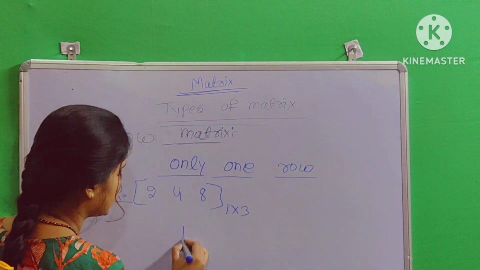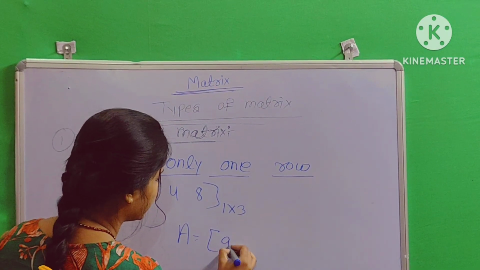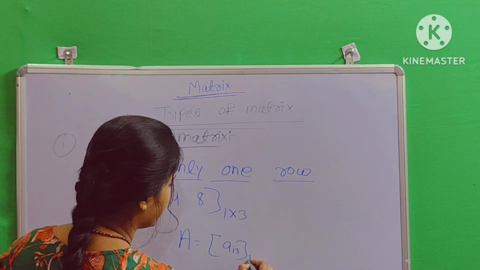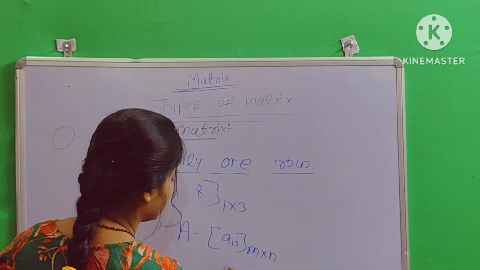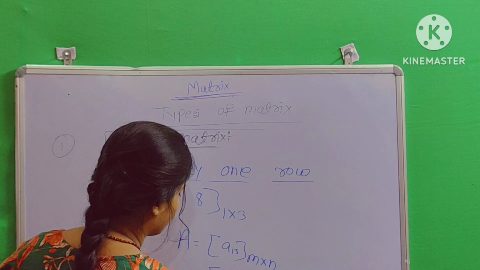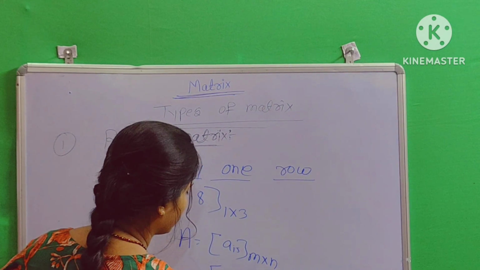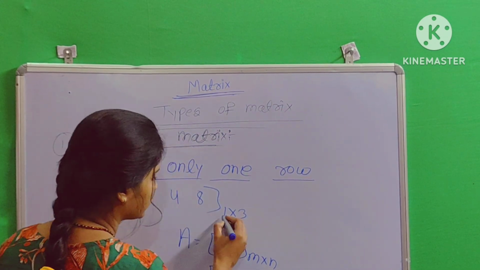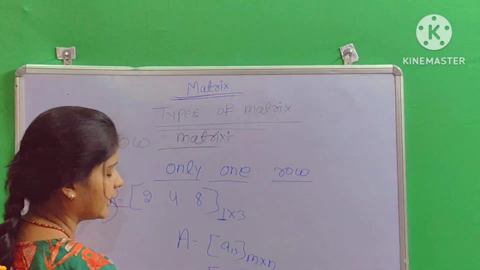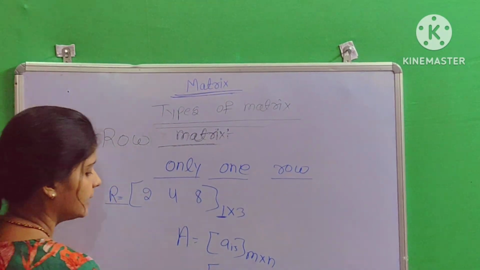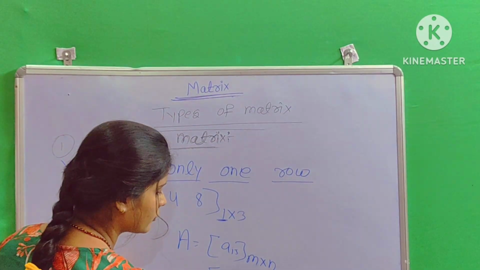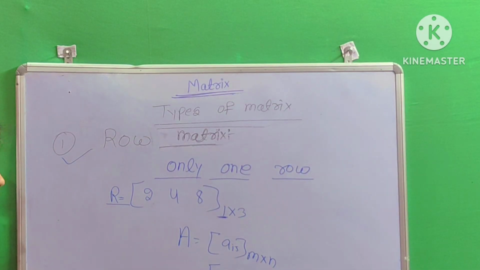So we can say A is equal to Aij, m cross n, only for 1 cross n, because the number of rows is 1 in any case for a row matrix, and n, the number of columns, can change.